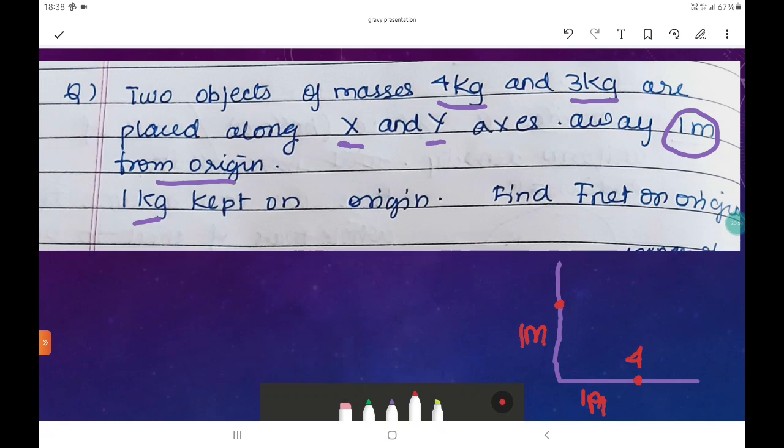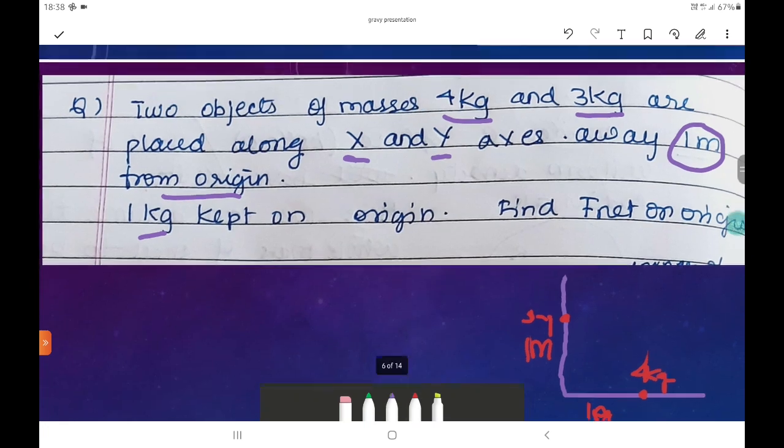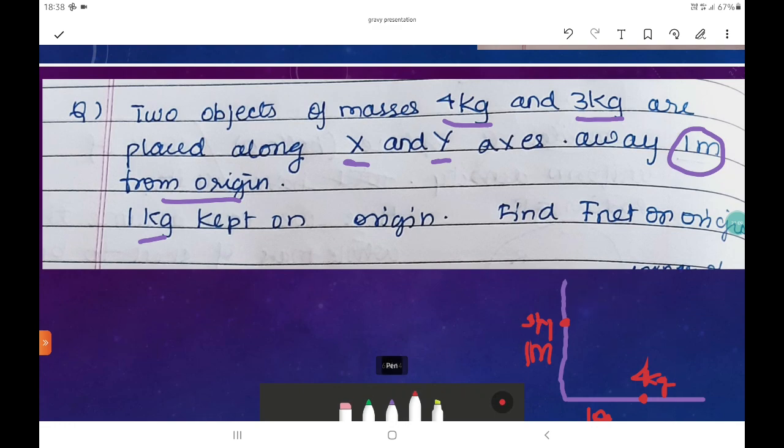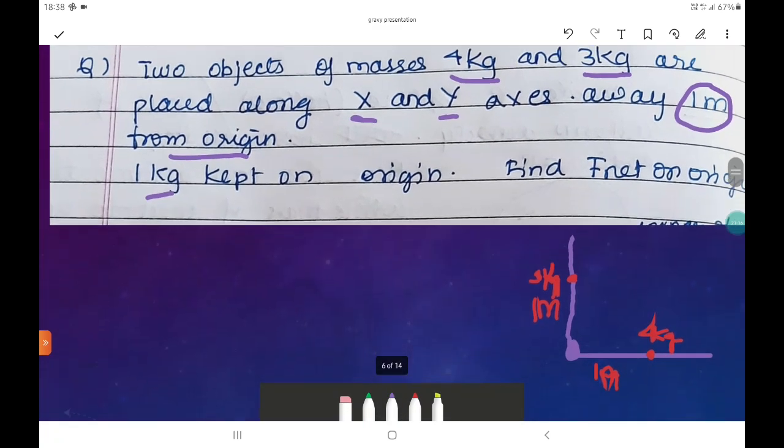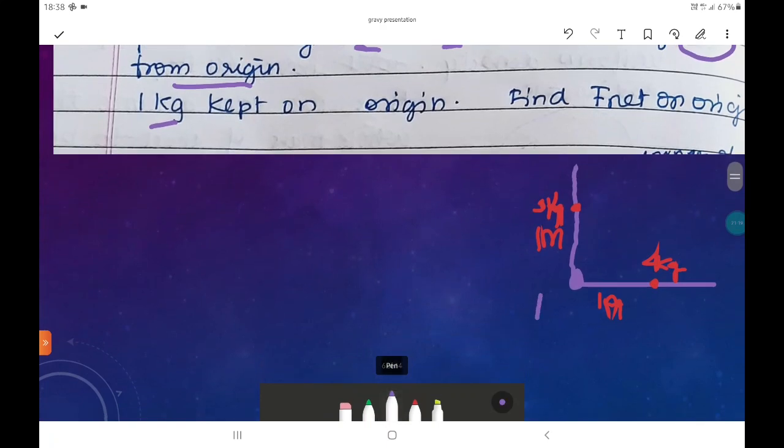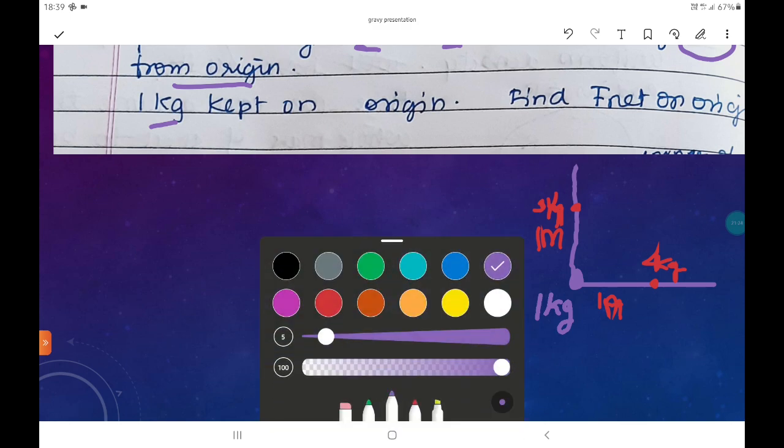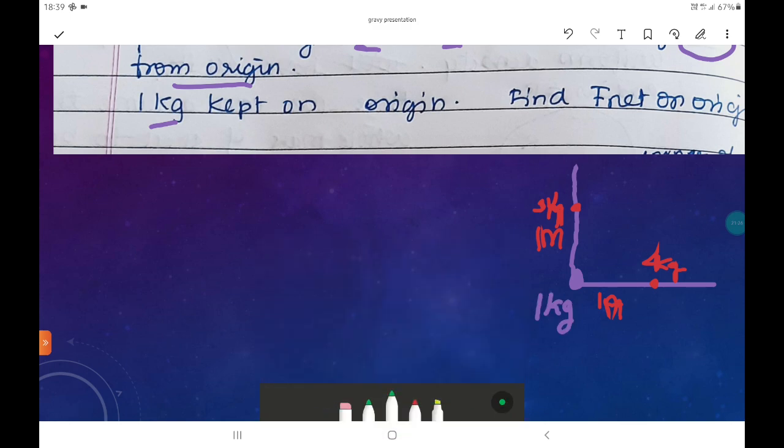So this is 4 kg and this is 3 kg. And you have a 1 kg mass kept at the origin. You will see that this 1 kg mass kept at the origin is experiencing a gravitational force of attraction this side as well as on this side.